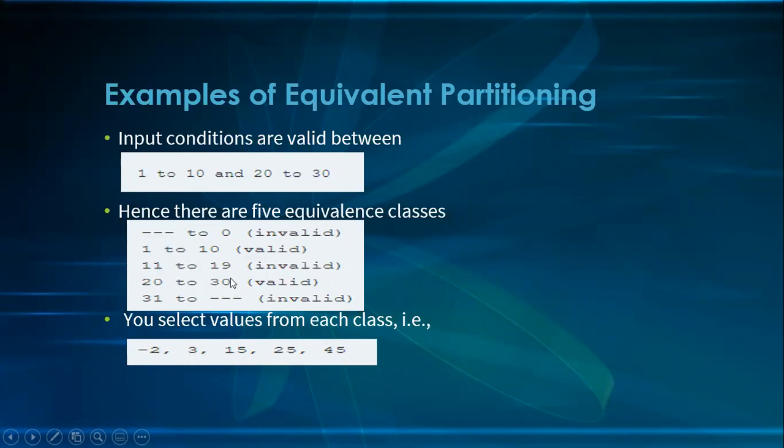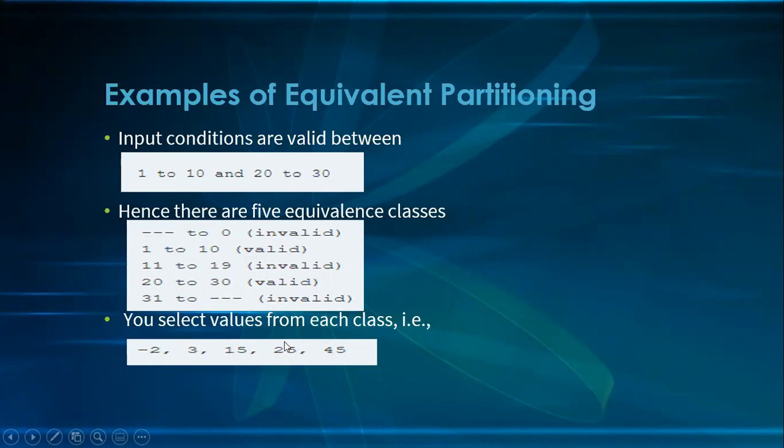Another invalid scenario is 11 to 19. I took 15 here. You can take 17. You can take 11. So it actually depends on the number you want to test. I take another valid scenario, 20 to 30. 25 was the one I chose here. And the last of it all was 31 and above. I just took 45.